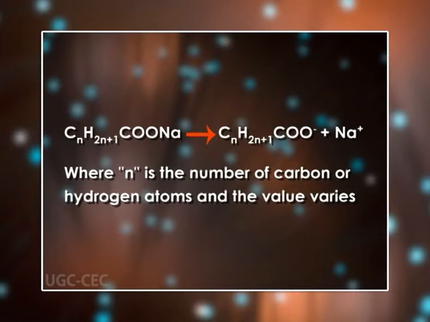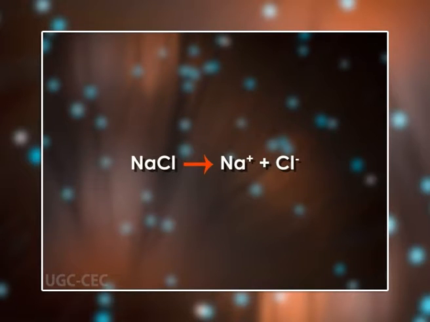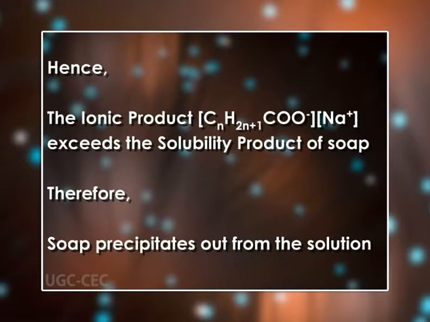Similarly, NaCl, that is sodium chloride, dissociates into Na+ and Cl-, that is sodium and chloride ions. Thus, the concentration of sodium ions increases considerably on addition of NaCl solution. Hence, the ionic product, concentration of CnH2n+1COO- and Na+ ion, exceeds the solubility product of soap. Therefore, soap precipitates out from the solution.